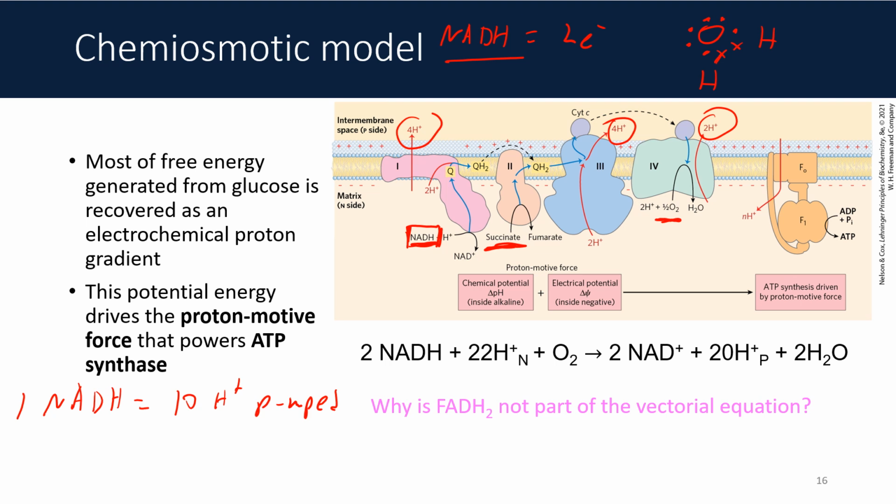Said another way, every time we oxidize an NADH molecule, we're going to actively transport 10 protons into the P side.